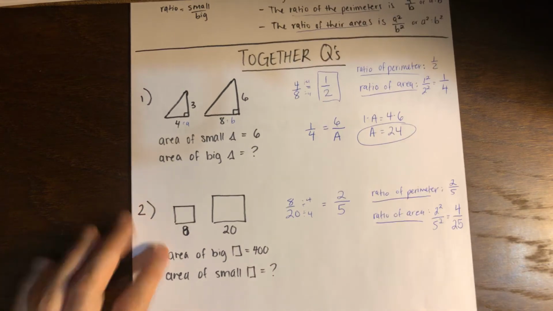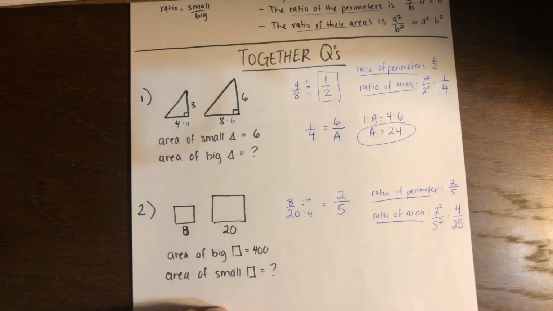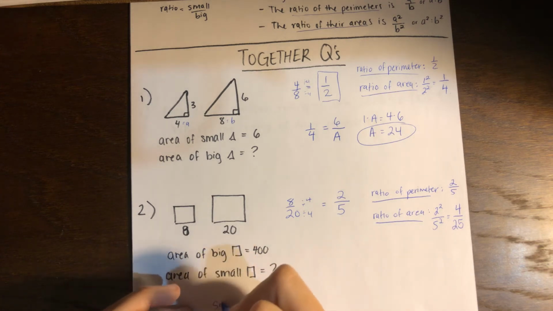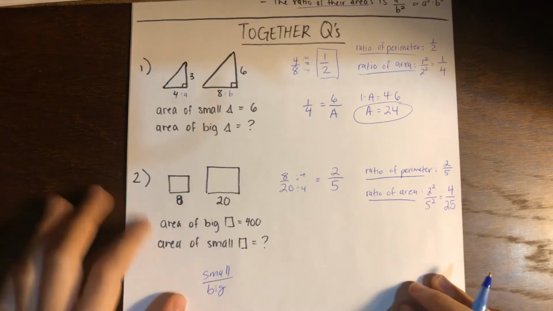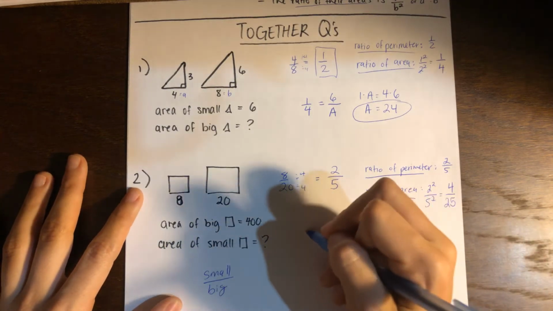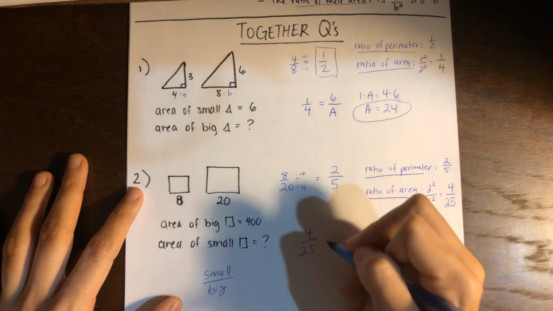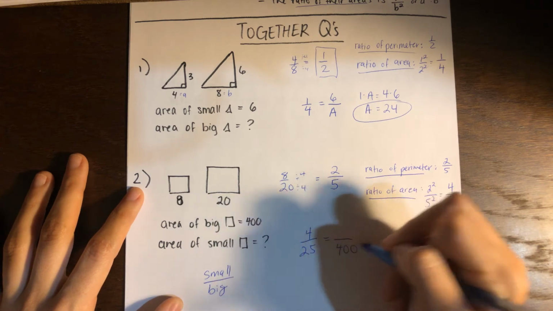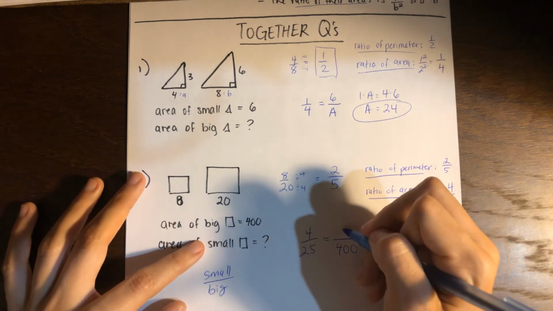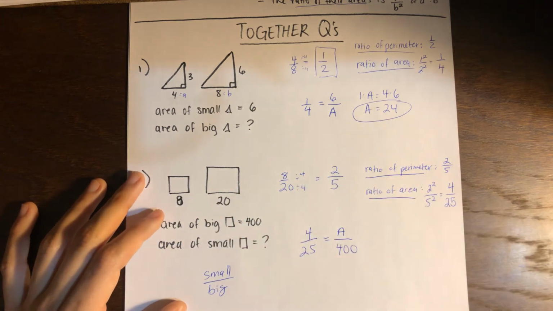This time they gave us the area of the big one. So remember, it's always small over big, small over big. So we're going to set this up. We're going to take our area ratio and set it equal to the area of the small one, which we can call A, over the big one, which is 400.